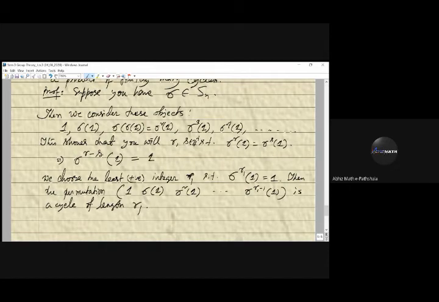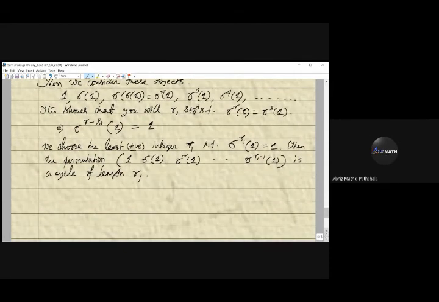Now if it would happen that r1 equals n, then that is enough, we are done. We just write this cycle as P1. So then sigma will be P1. If r1 is n, then sigma is itself a cycle of length n.